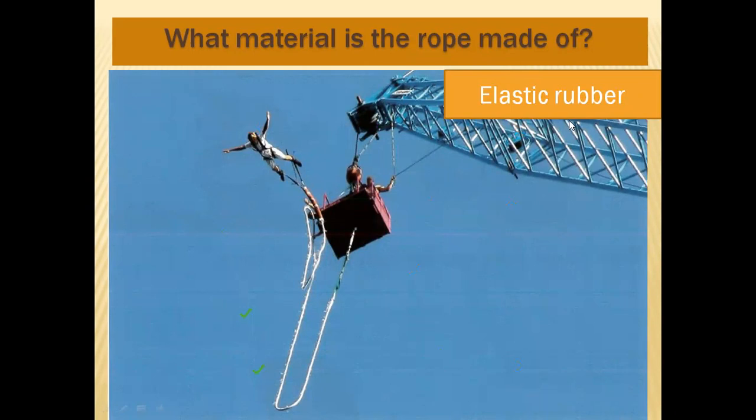Okay, so rope is made of rubber, and the property of rubber is elastic. It can stretch. So in bungee jumping, we use such a rope that has elastic property, so that you can jump. When you jump, there is stretch in the rope. You can go down and then you can easily bounce back.